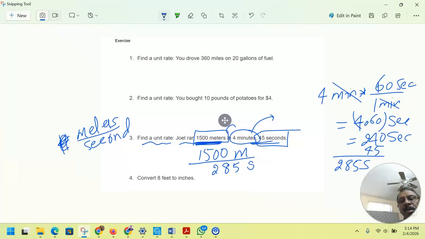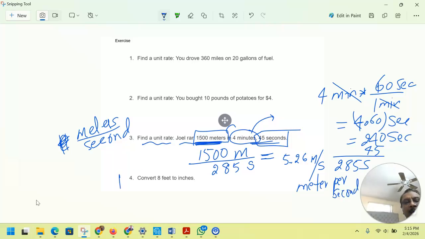If you put this on the calculator, you will end up getting 5.26 meters per second.